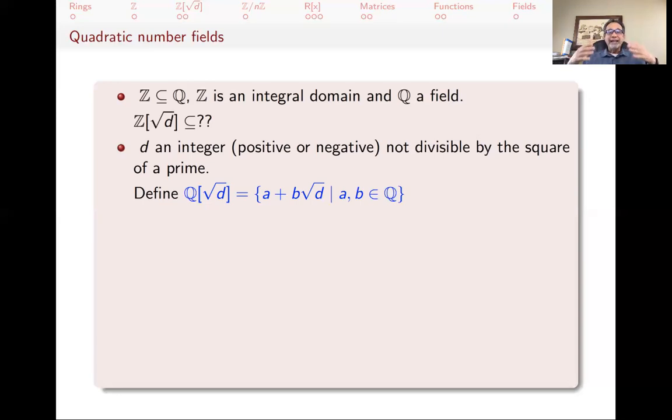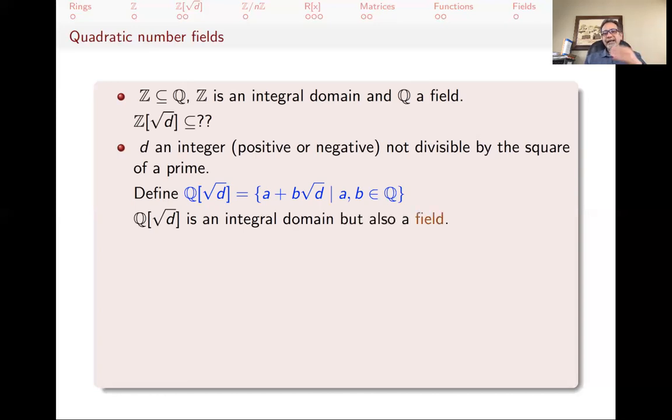This is in analogy with the way we define the quadratic integer rings, Z adjoin square root of D, where a and b were integers. Now a and b are rational numbers. So an element of something like this might be 1/2 plus 3/4 square root of D. Now, this is still an integral domain, but more than that, it's a field.